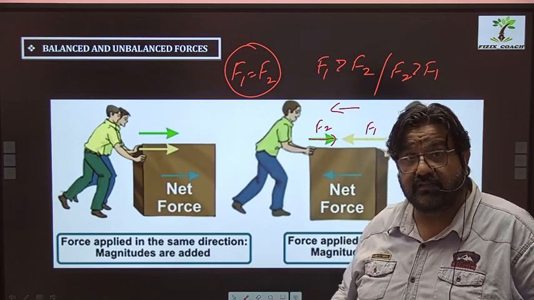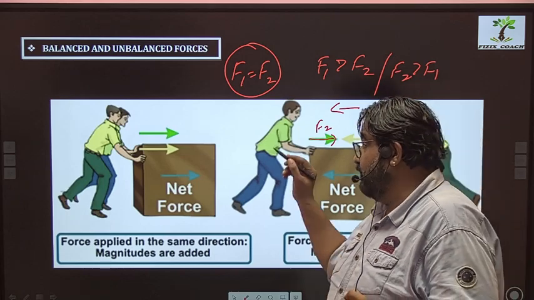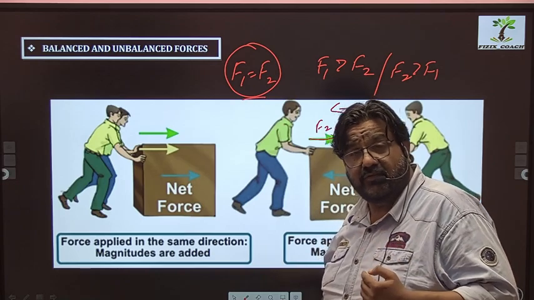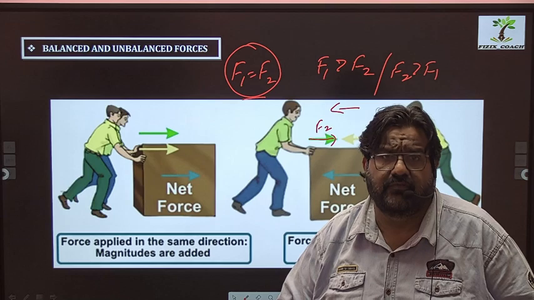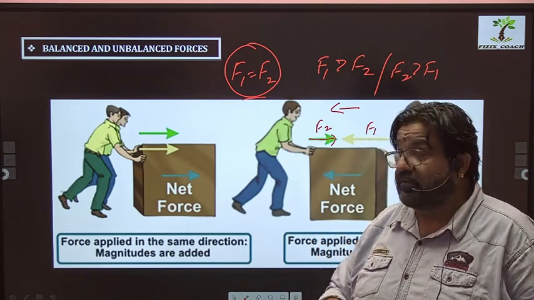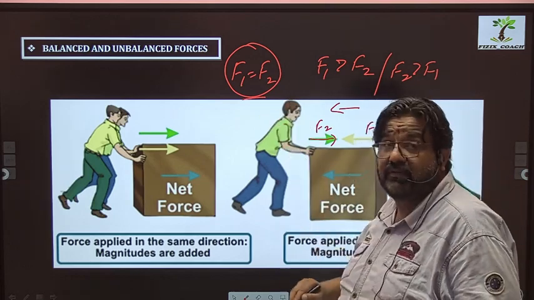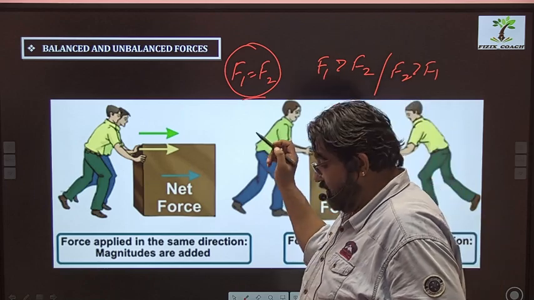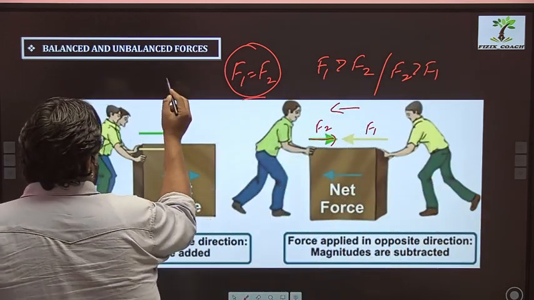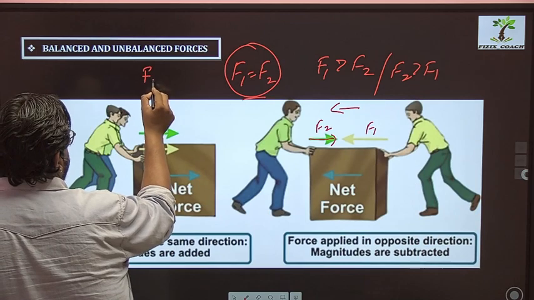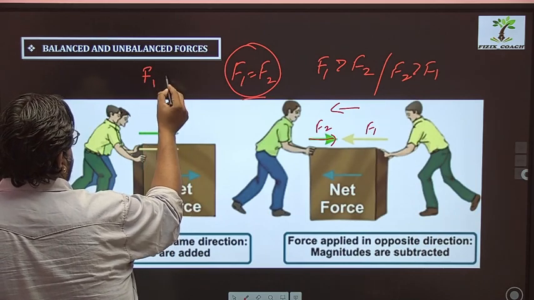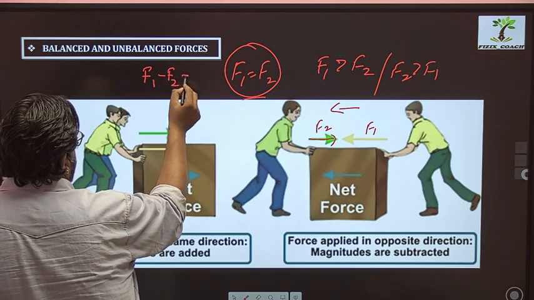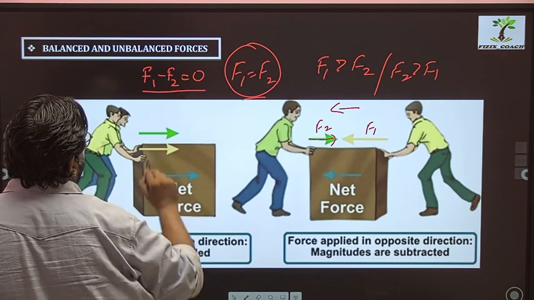Now, another important thing here is if we want to find out the net force. What is this net force? Net force is nothing but the total force. So here, if F1 is equal to F2 and the direction is opposite, then using simple mathematics, if I take F2 to this side, it becomes 0.